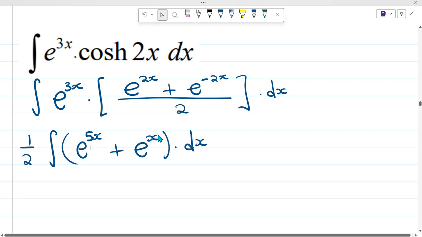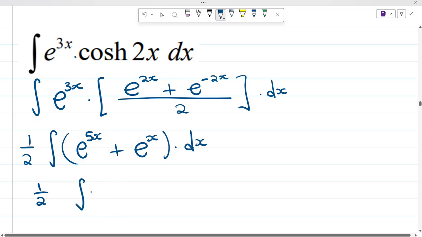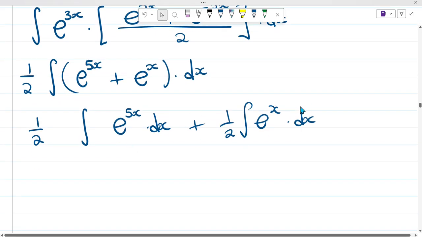Then from here, we can decide to split, so that each and every term has its own integral sign. So this is going to be 1 over 2 integral of e to the power of 5x dx plus 1 over 2 integral of e to the power x dx. Then from there, we integrate.